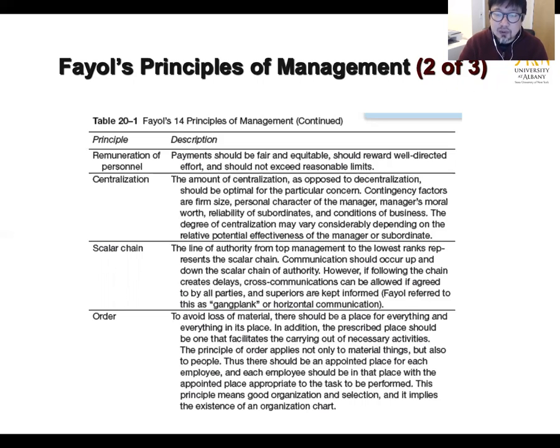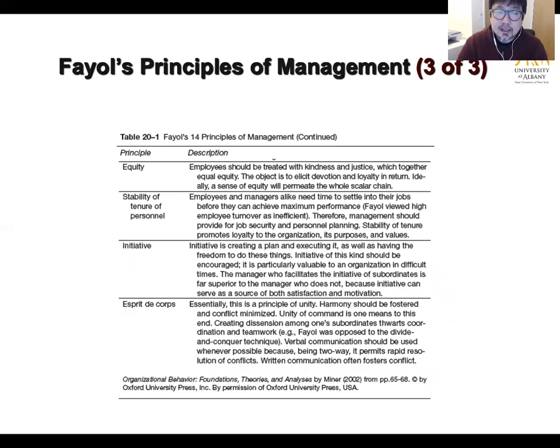Order, which means to avoid loss of material, there should be a place for everything and everything in its place. In addition, the prescribed place should be one that facilitates the carrying out of necessary activities. Finally, equity: employees should be treated with kindness and justice, which together equal equity.